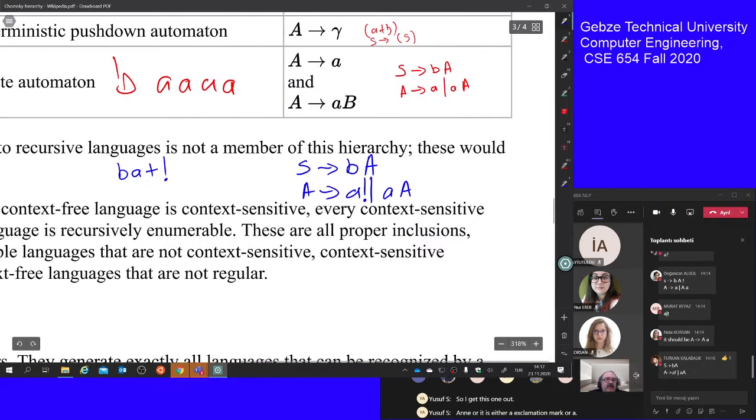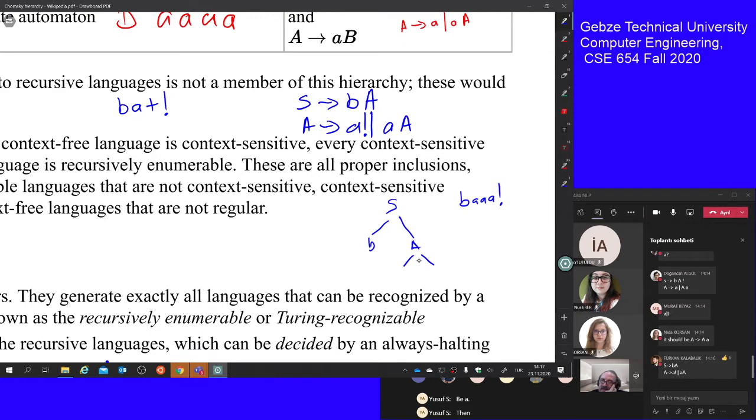So if I have BAAA exclamation mark, how do I do that? S goes to BA, then after that AA, and after that A. Let me get rid of one of the A's here because that was too much. Okay, A and exclamation mark. So that's a regular language.